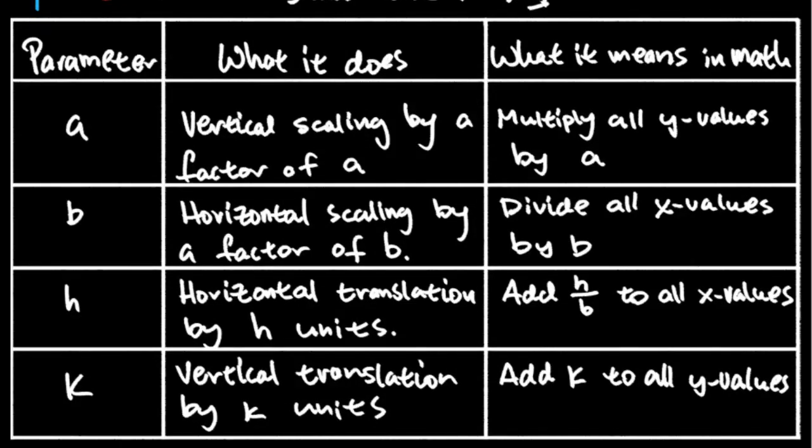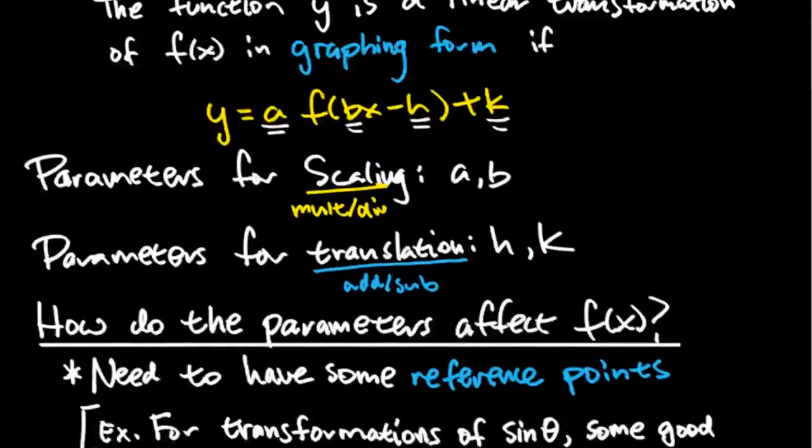Alright, so A does a vertical scaling. In the past I've said vertical stretch or shrink, but I'm just going to say vertical scaling because it's a bit less confusing. It is a scaling by a factor of A, which means you're multiplying all the y values by A. That makes sense if you look at graphing form: A is being multiplied to everything, A times stuff.